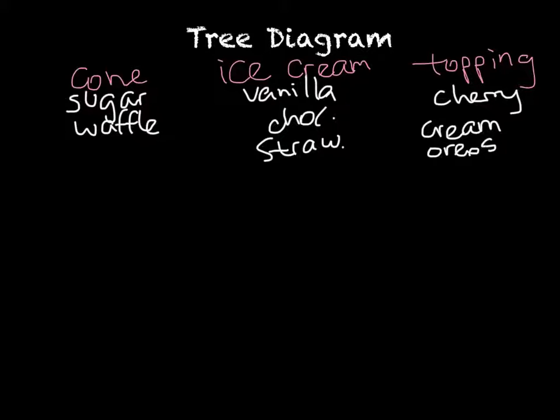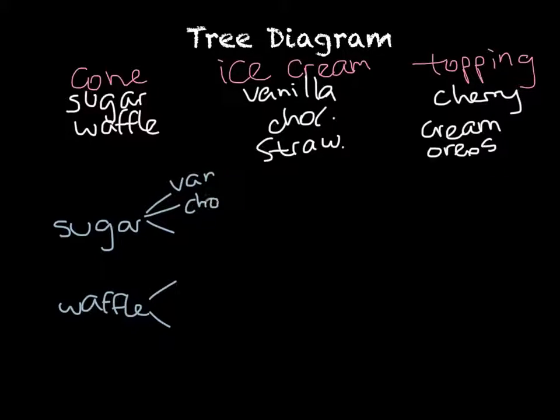Alright, so we can use a tree diagram to represent this. We can write down the first choice, and the second choice, and then each of them branches out to display the options for the second choice, which is vanilla, chocolate, and strawberry.